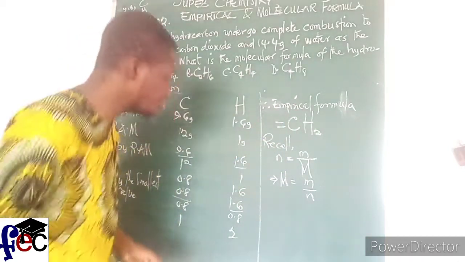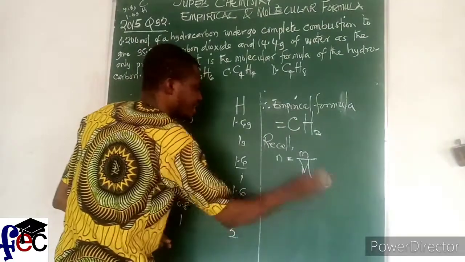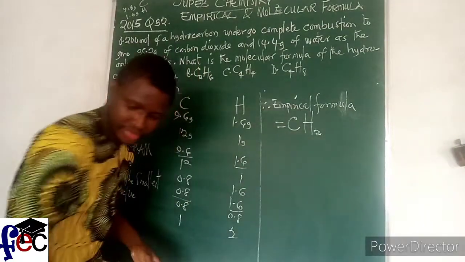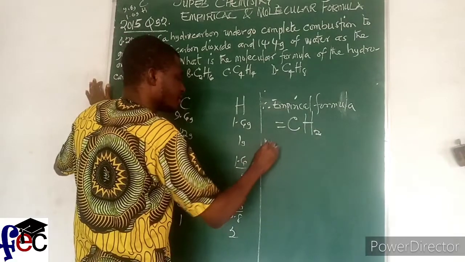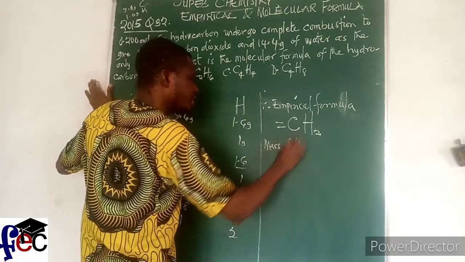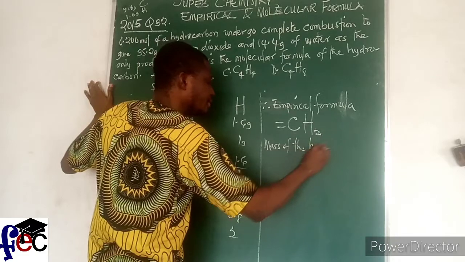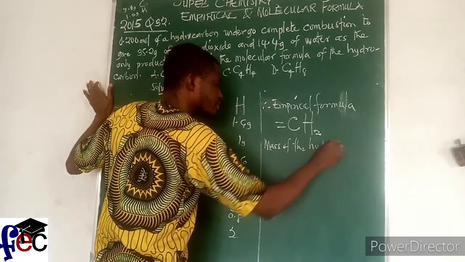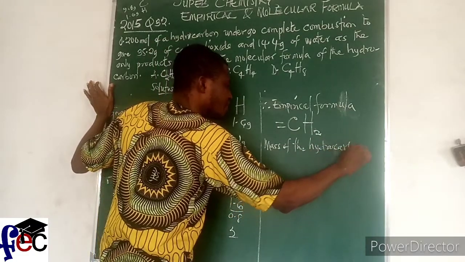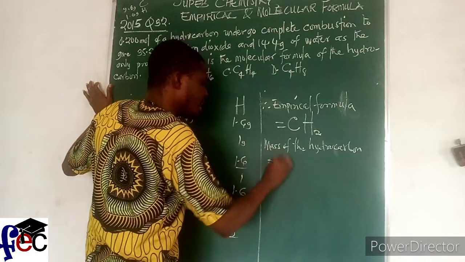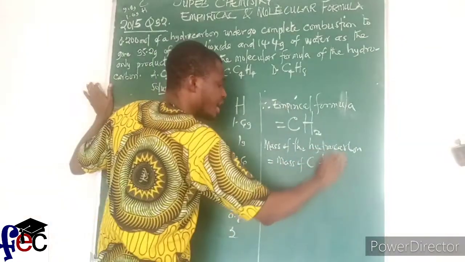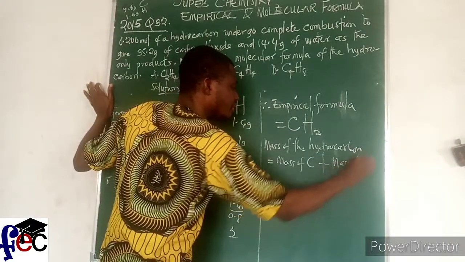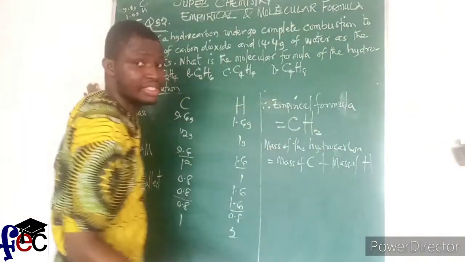So what I'm going to do now is to first get the mass of the hydrocarbon. Mass of the hydrocarbon is equal to mass of carbon plus mass of hydrogen, because hydrocarbon is made up of what?